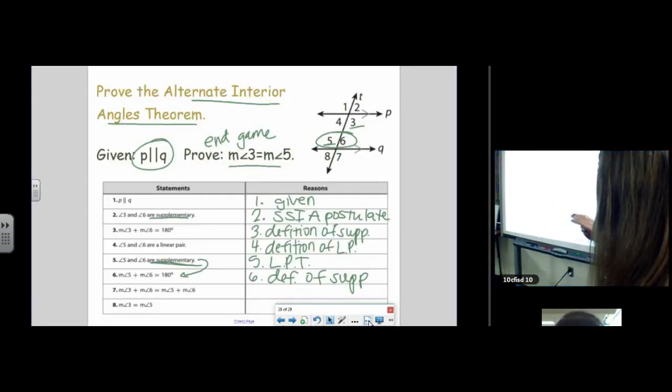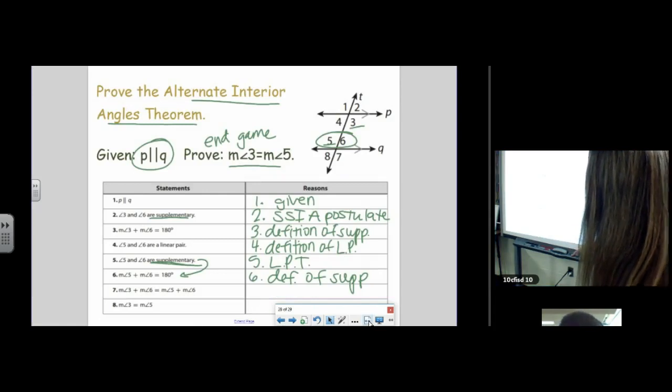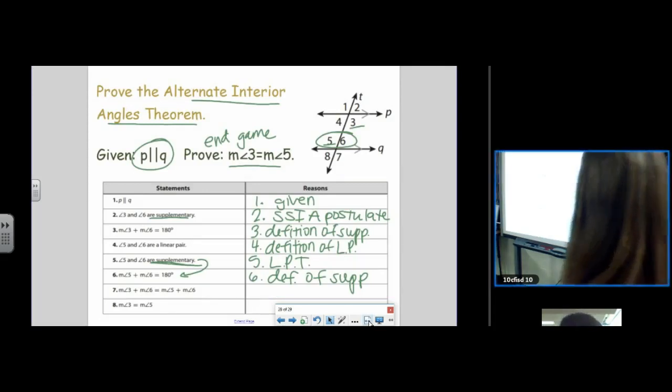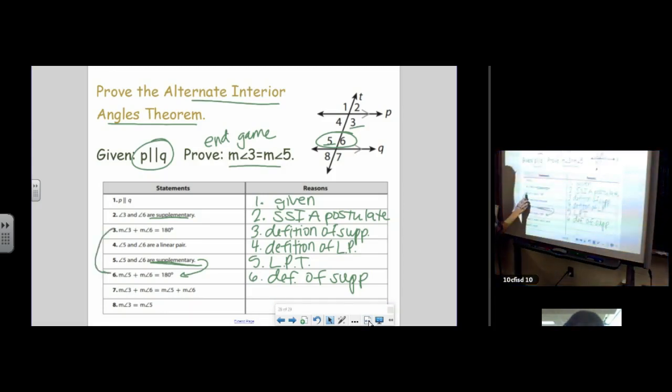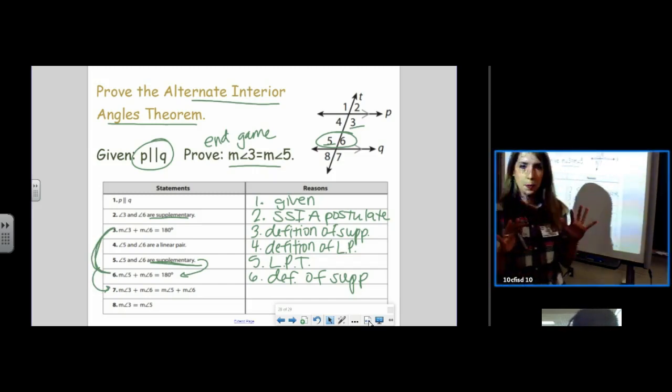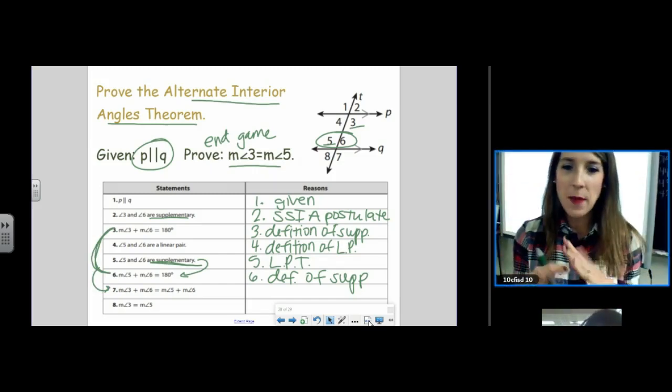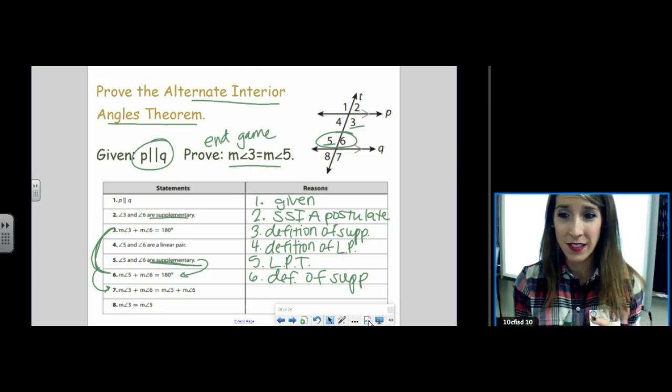This is the only one that's weird, number 7. What they did was they took these two and traded places. Some people call that the transitive property, and some people call that substitution.